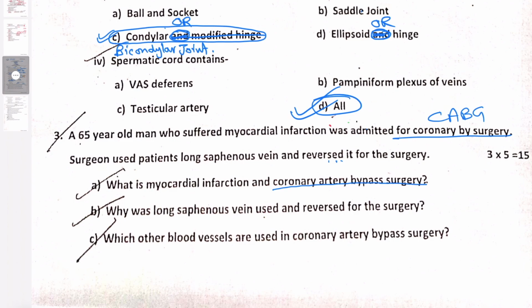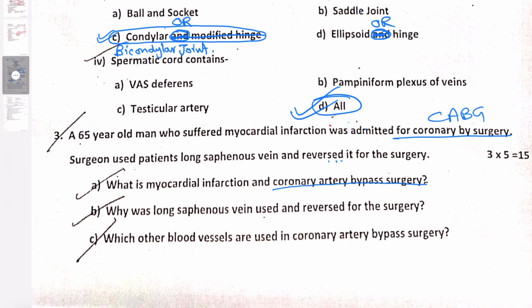Why was the long saphenous vein used and reversed for the surgery? Basically it's presumed that the venous drainage of the lower limb is mostly through the deep veins, so the long saphenous can be used. But because it's a valvular vessel, and coronary arteries don't have valves, you can reverse it.